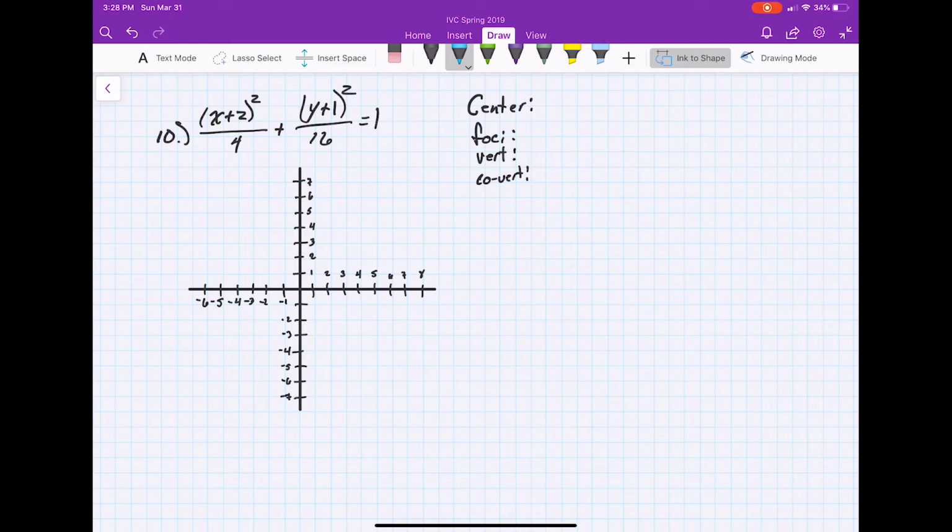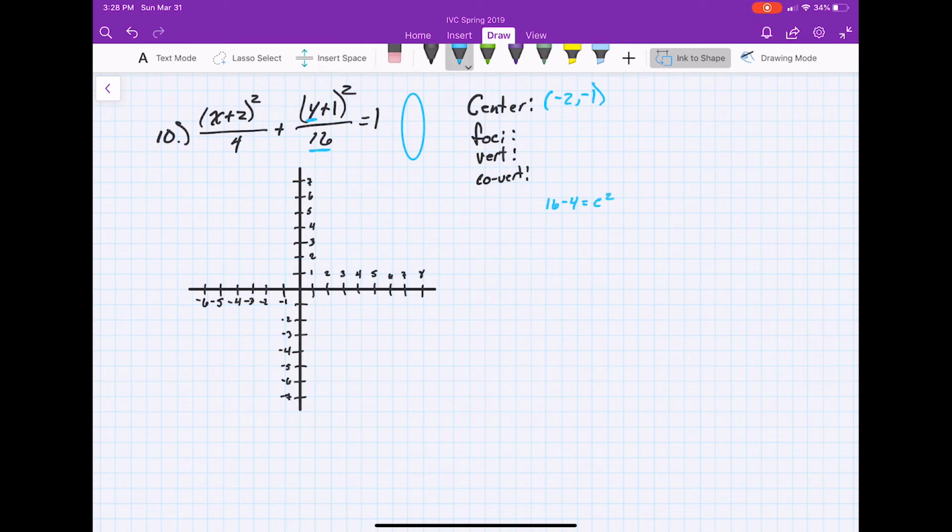First off, our center is going to be negative 2, negative 1. We get that from the y and x values on the top. And we have an oval that's going to go vertically because the larger number is with the y. So since that's the case, most of our calculations that we're going to figure out, like 16 minus 4 equals a, this is going to affect the y in the end.